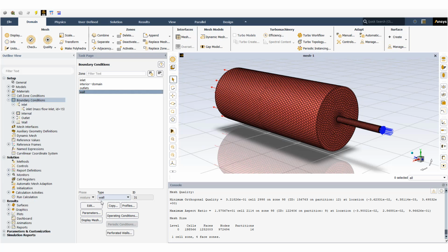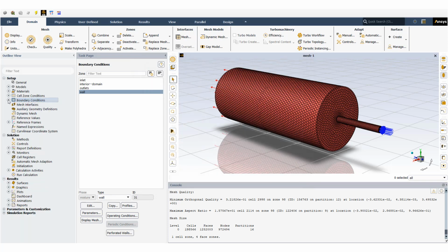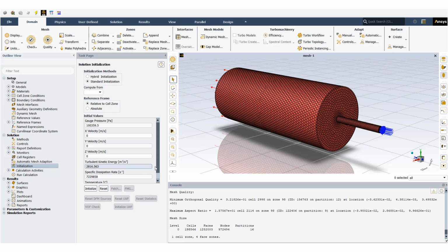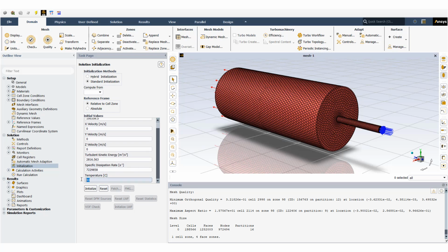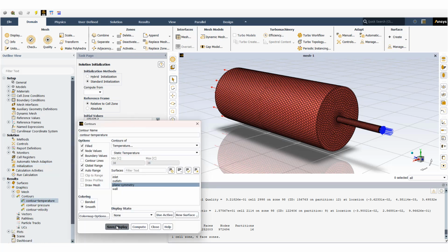boundary conditions, walls, as you can see, thermal, it is adiabatic, no heat transfer from the walls. And when I go to initialization, let's consider 38 as before, initialize the model, check the contours.